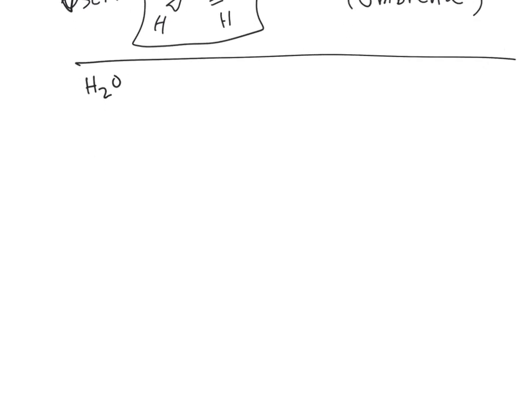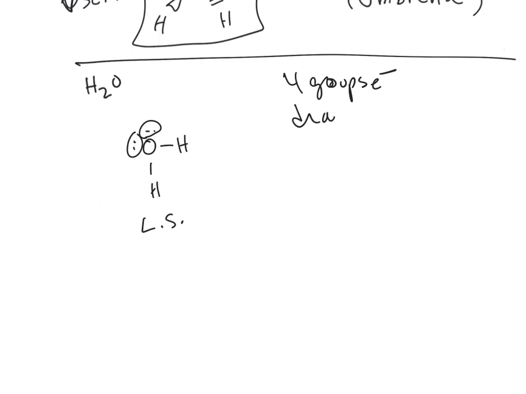And the Lewis structure. You always start with the Lewis structure. This one, oxygen has 2 lone pairs. All right, then you say how many groups of electrons? There's 4 groups of electrons. Therefore, you draw it as a tetrahedral, or tetrahedron, I guess.